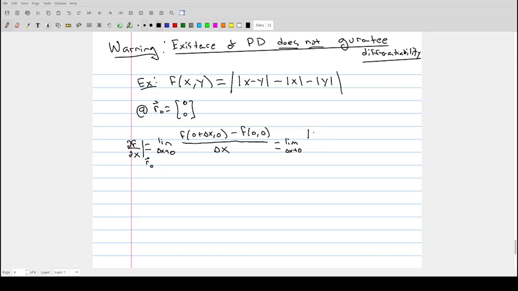This will be the absolute value of delta x minus the absolute value of delta x, over delta x, which is just equal to the limit as delta x goes to 0 of 0 over delta x, which is equal to 0.